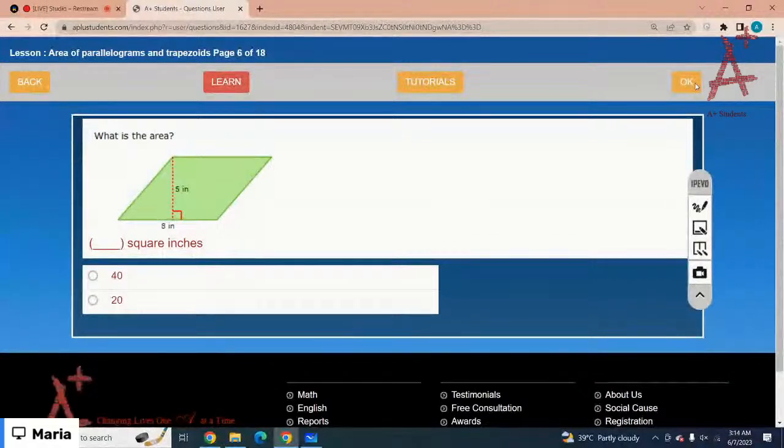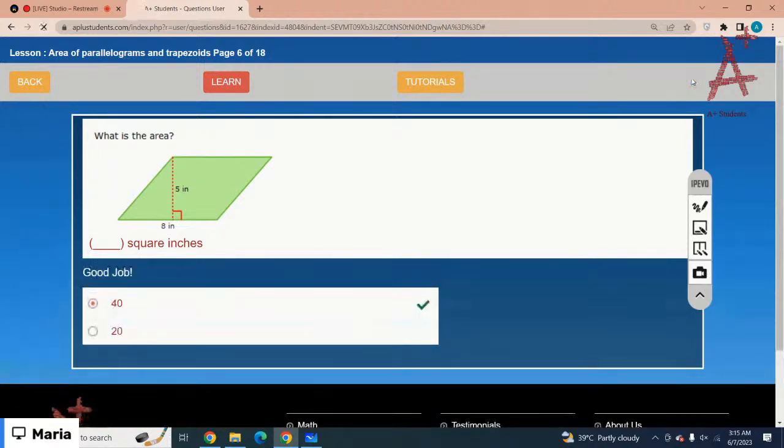So the correct option is, you have to do base times height. Got it? It would be 8 times 5 is 40.